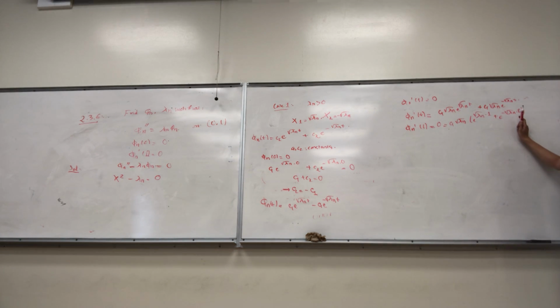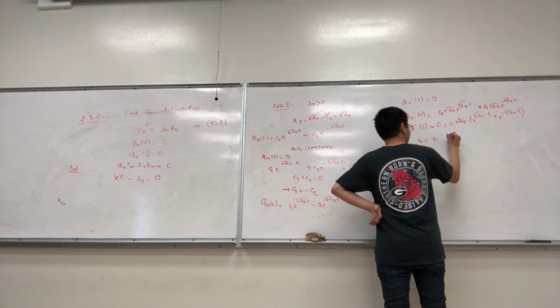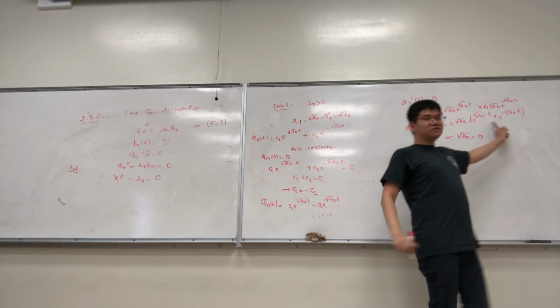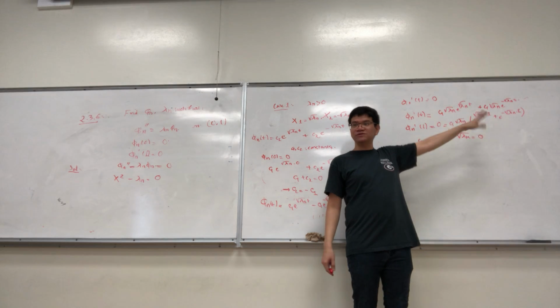So from this equation, what can I say about C1? It's 0. So C1 is 0, or square root of lambda n is 0, right? This one is always positive, it's exponential plus exponential, and an exponential is never 0.